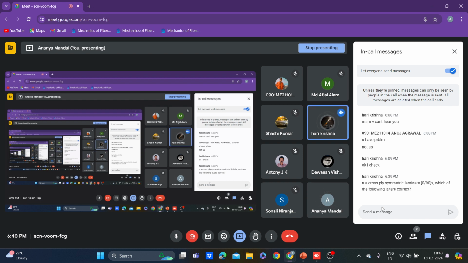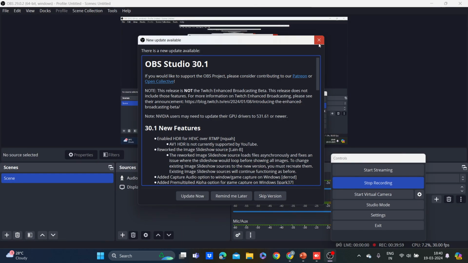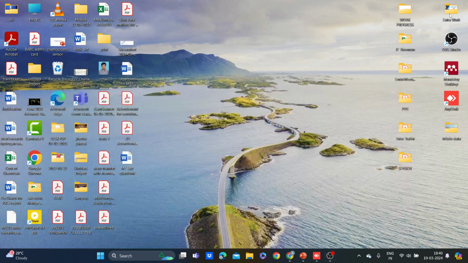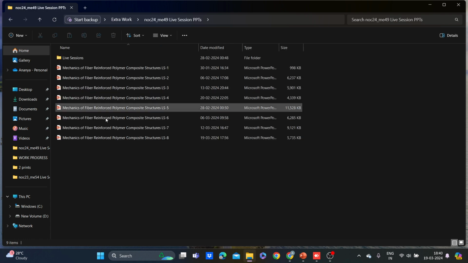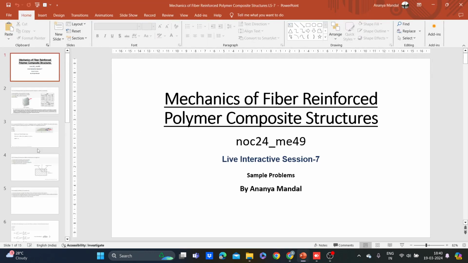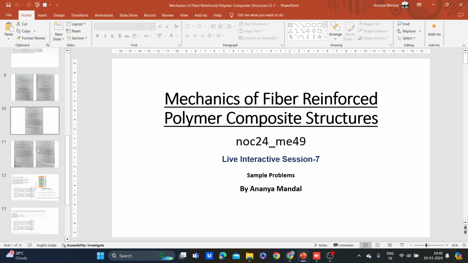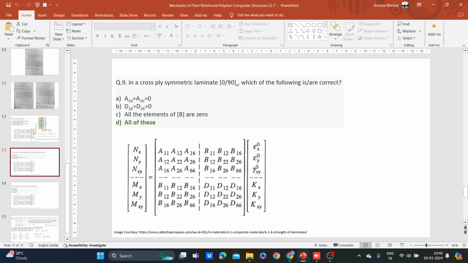Yes, ma'am. Ma'am, in this it should be A16, A26 equal to 0, D16, D26 equal to 0, and all the elements of the B matrix are 0.